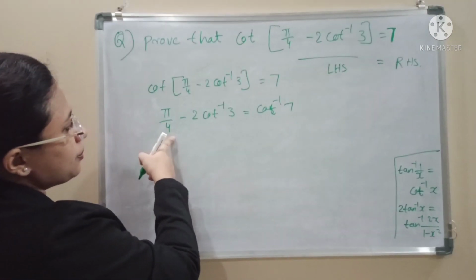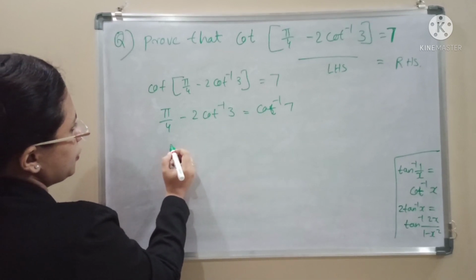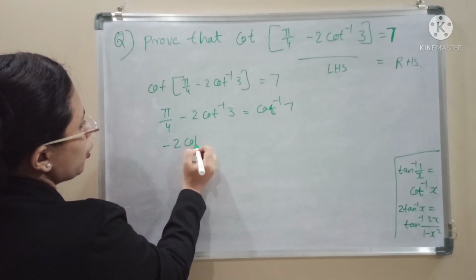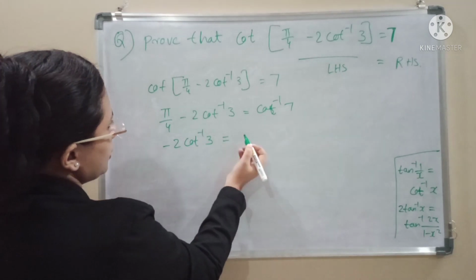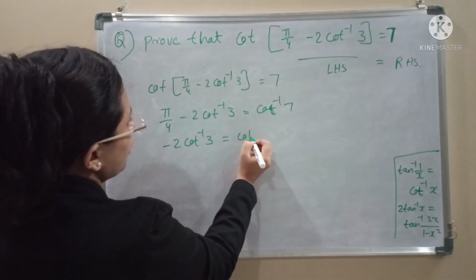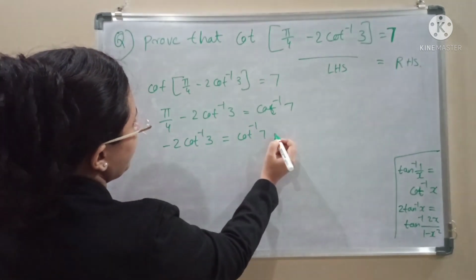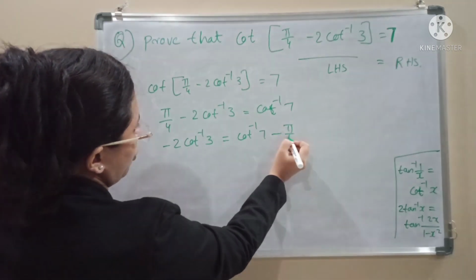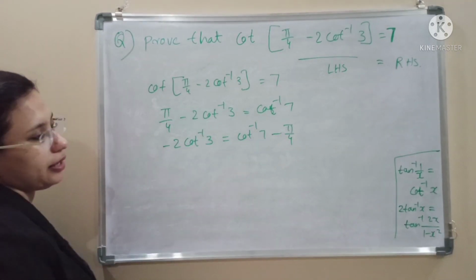Now we can take this pi by 4 also this side, so it will be minus 2 cot inverse 3 equals cot inverse 7 minus pi by 4. Here it is plus, so it will be minus.